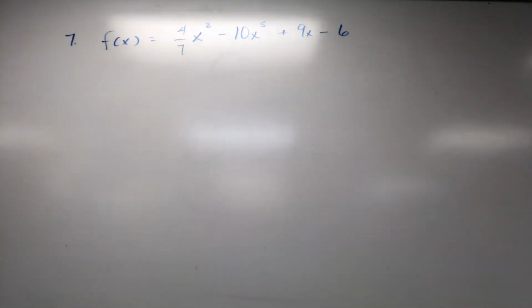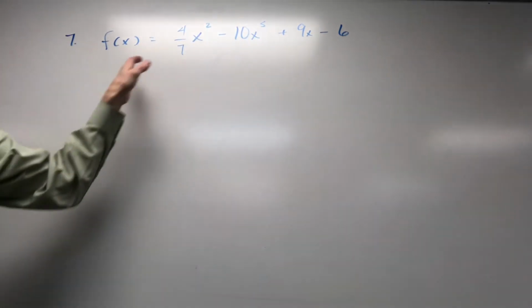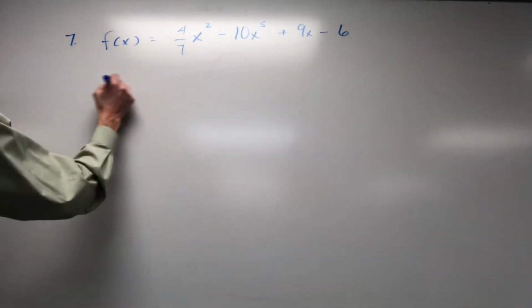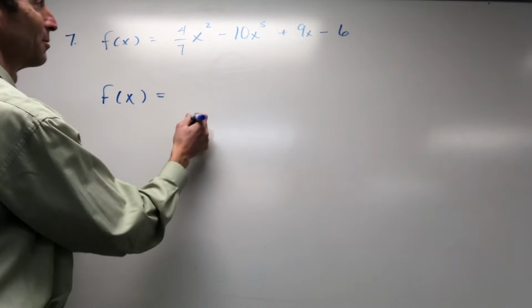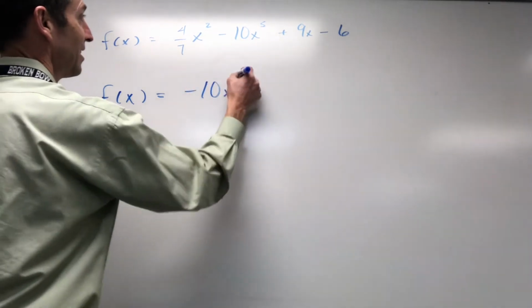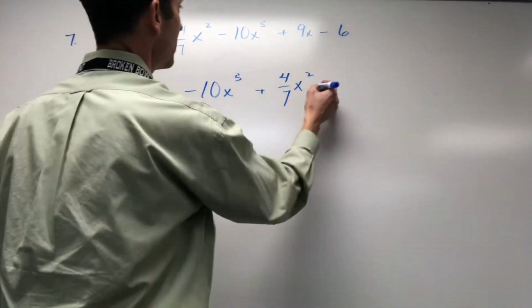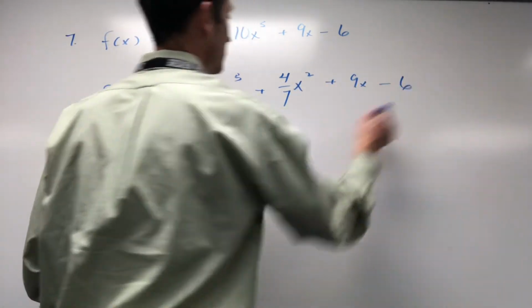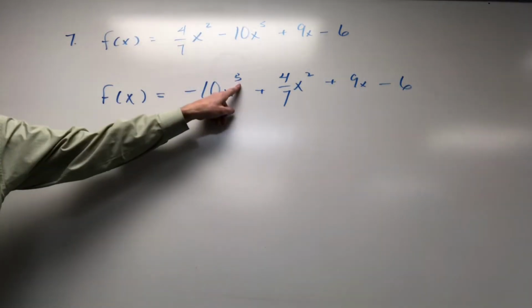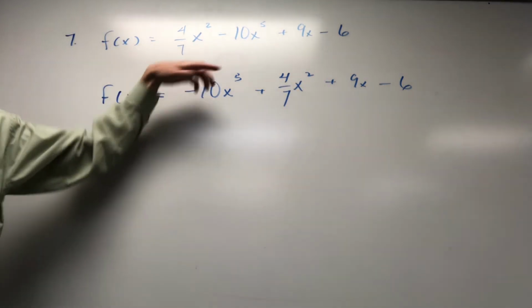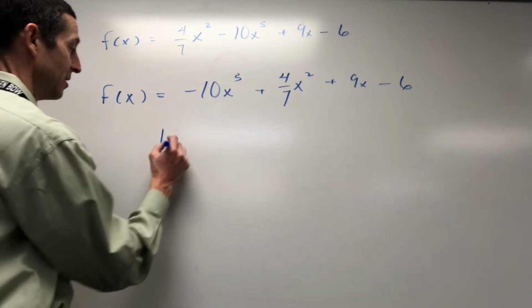Okay, first thing you do on these leading coefficients, take this, which is not in descending order, fix it so that it is in descending order. Let's go. Negative 10x to the 5th, 4/7 x squared, plus 9x minus 6. So 5 is my big one, then squared, then first, then the number. So if you were asked degree, you're like, degree's 5.